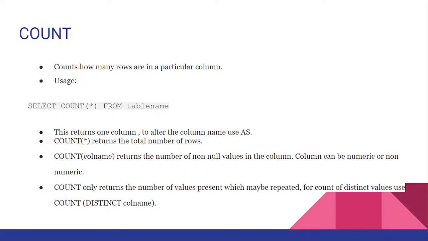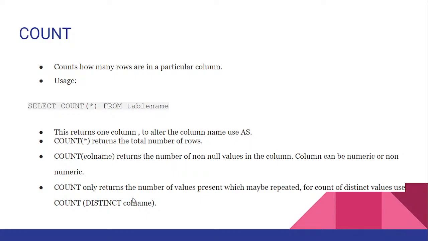Whenever there are duplicates, it will still count each of them, as long as the cell they are in is not empty. If you want just the distinct values, that is, without any duplication, you want to remove all duplicates, you'd use count distinct column. Okay?